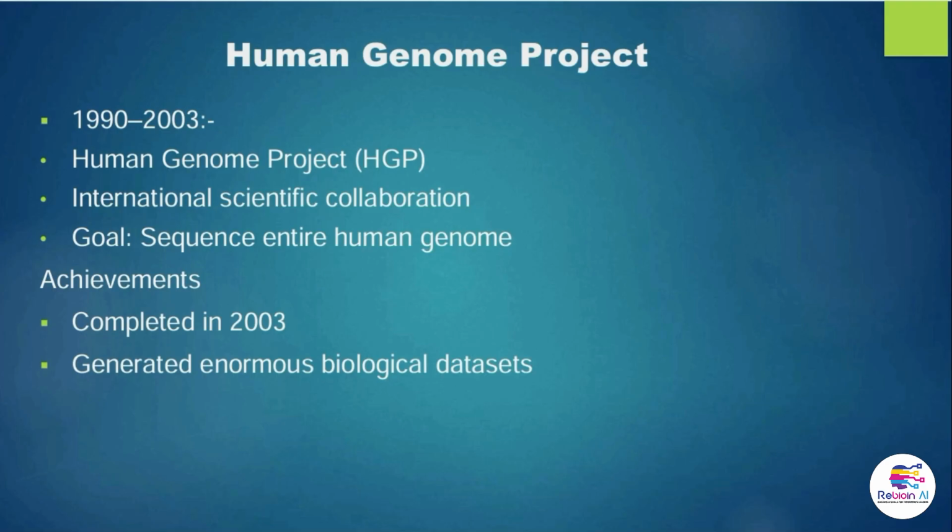Its achievements included identifying disease-related genes, understanding human evolution, improving diagnostics, and opening the field of personalized medicine. The project also accelerated the development of high-performance computing, genomic databases, and advanced algorithms. Today, modern genomics, transcriptomics, and precision medicine all depend heavily on the foundation created during the Human Genome Project.